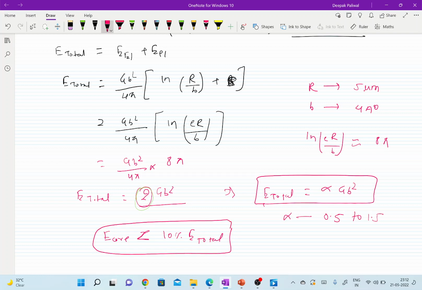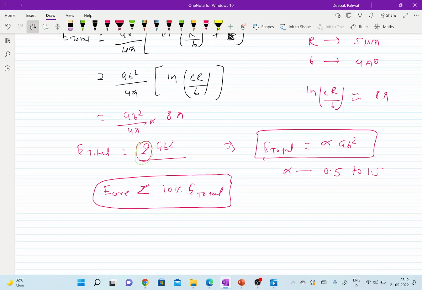For example, suppose the total energy is 100 joule, so only 10 joule is the contribution from the core of the dislocation. The dislocation core is contributing only 10% or less than 10% of the total energy. So that's why sometimes for the calculation, for avoiding the complications, we remove the values of energy from the core of the dislocation.